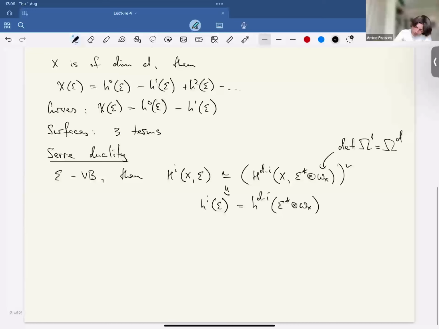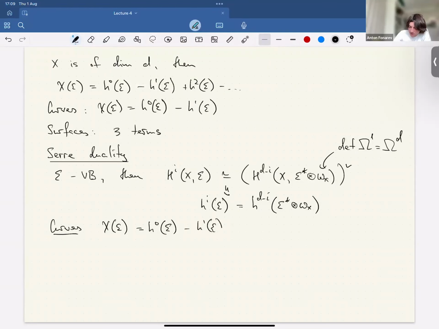So what we immediately see is that, say, for curves, we can rewrite chi of E as h^0 of E minus h^1 of E. But h^1 of E is the same as h^0 of E dual tensor omega_C.